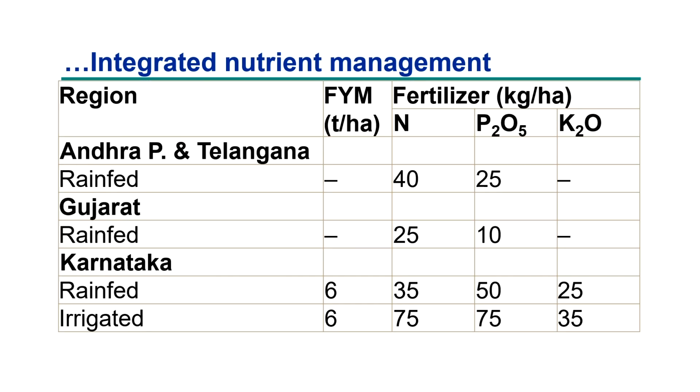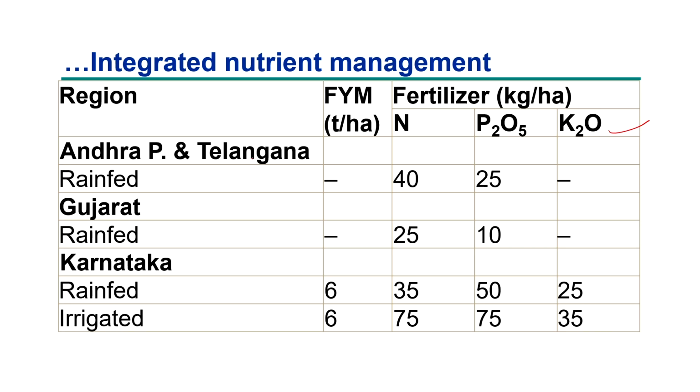So now you can see recommendations for Andhra Pradesh and Telangana, and you see different columns like farmyard manure, fertilizers, and P2O5 and K2O kg per hectare. So this is integration of farmyard manure and fertilizer sources.